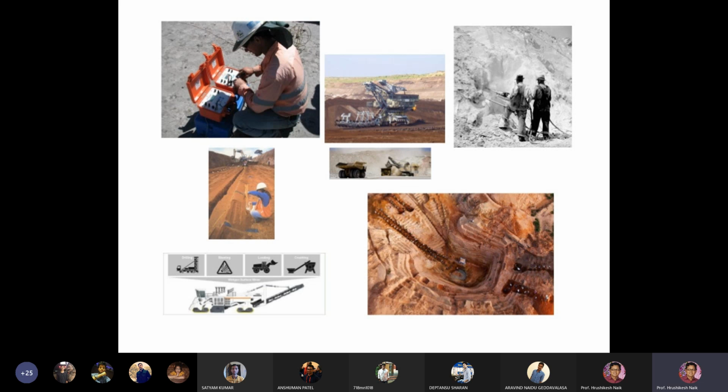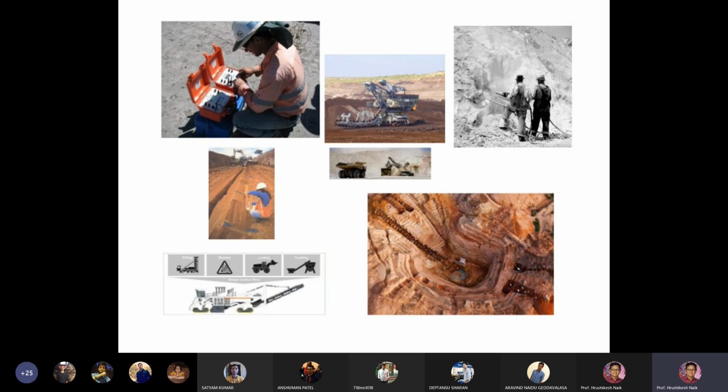In the case of aqueous mining, we have seen the dredge method of mining, placer mining, and ground sluicing. These are the methods used for the different types of placer deposits. Then we have also seen in situ leaching and solution mining methods.